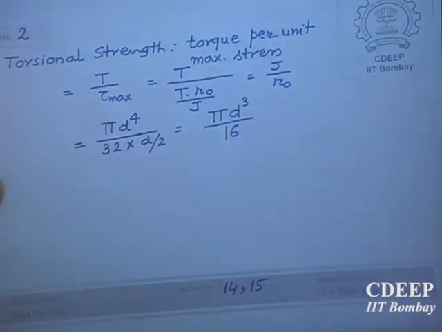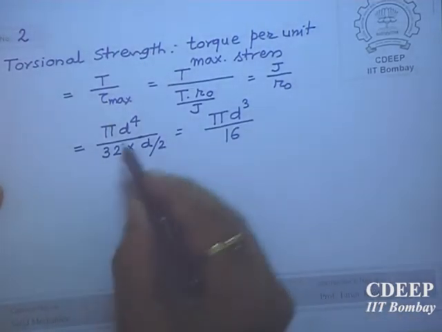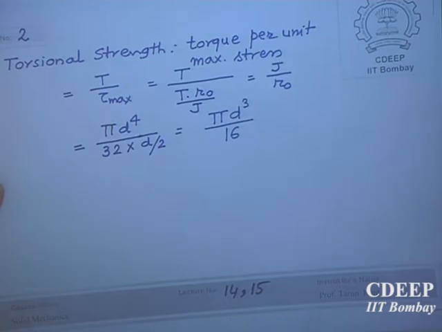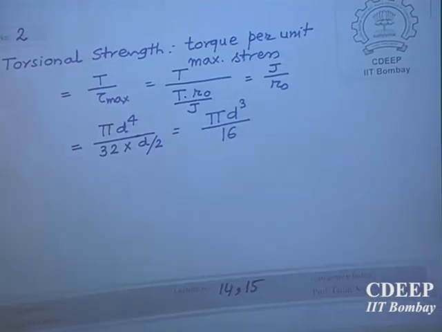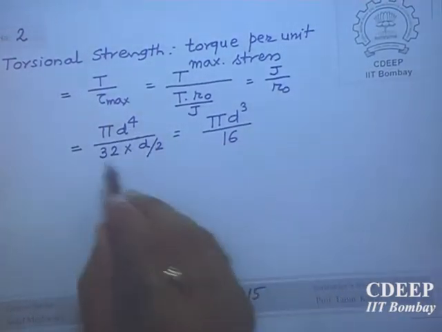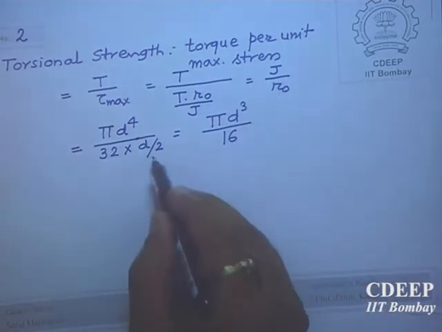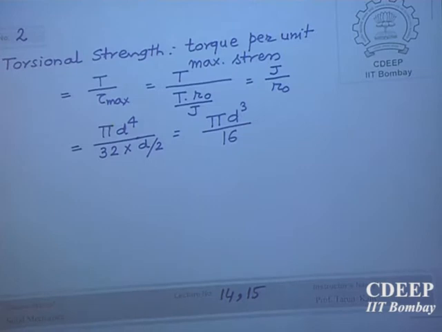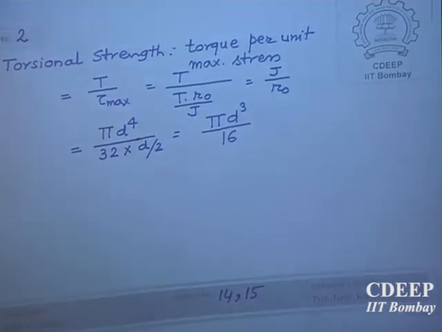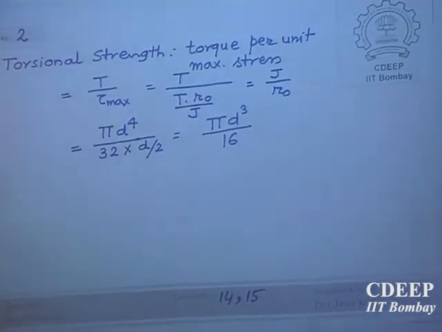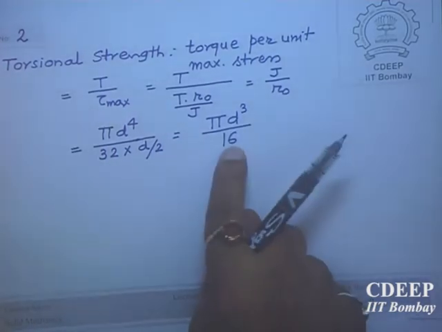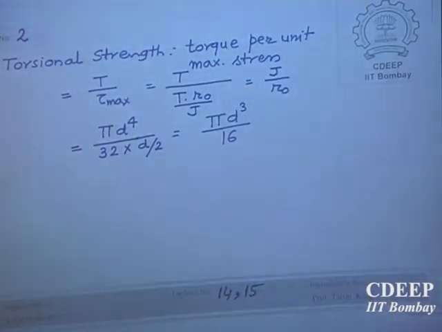The value of J is pi d^4 by 32, and R naught is d by 2. So the value of the torsional strength of a circular shaft, that means T divided by tau maximum, is pi d cube by 16.